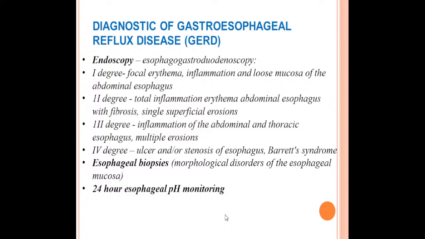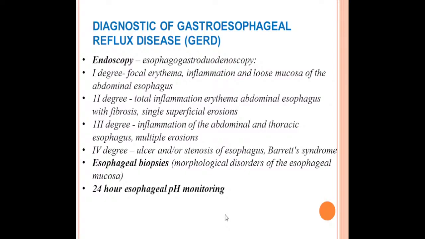Second degree is total inflammation and erythema of the abdominal esophagus with fibrosis and single superficial erosion. Third degree is inflammation of the abdominal and thoracic parts of the esophagus and multiple erosions. Fourth degree is ulcer and or stenosis of the esophagus, Barrett syndrome, and possible malignancy of the esophagus.